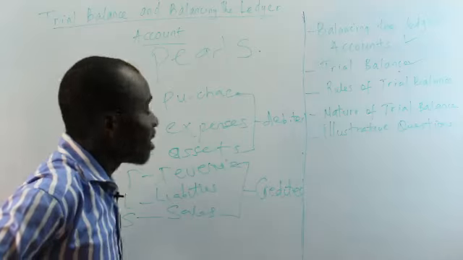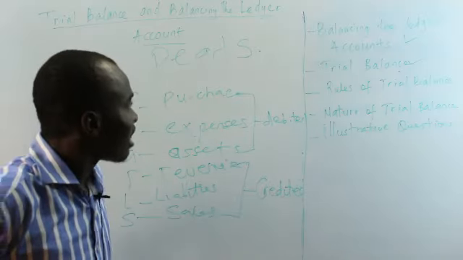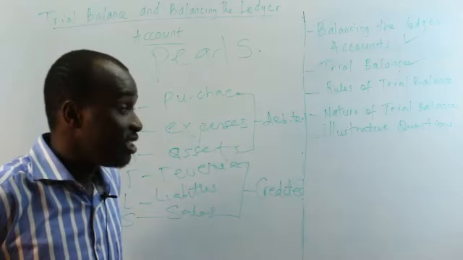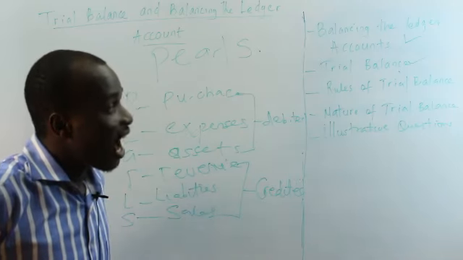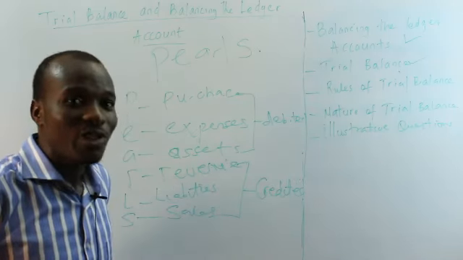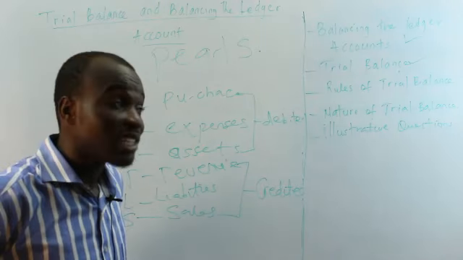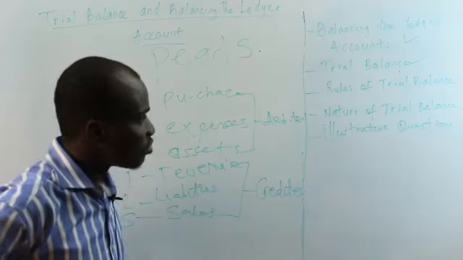Generally, trial balance has two major uses. Number one is that trial balance is used to check the arithmetical accuracy of the ledgers, whether the principle of double entries has been fully applied.